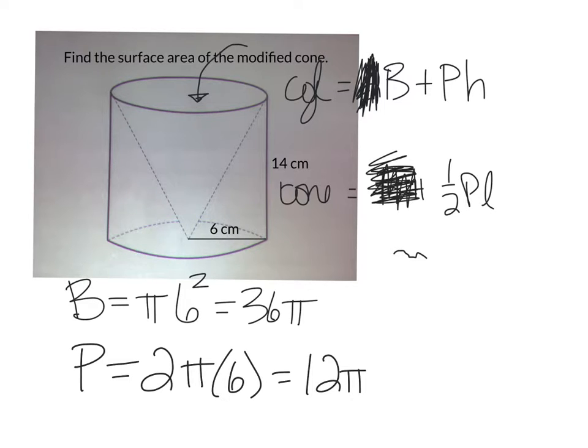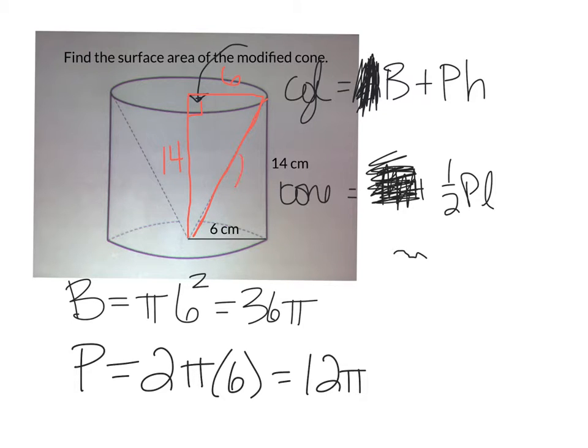Now the last thing we have to do is find the slant height. So we're going to change colors. This is the slant height for your cone. So it has a right triangle that's involved with the radius and the height. So the radius is 6 with a height of 14.